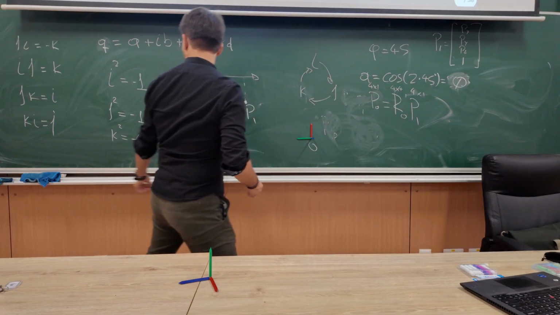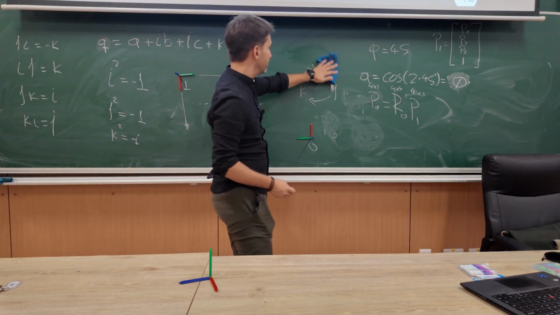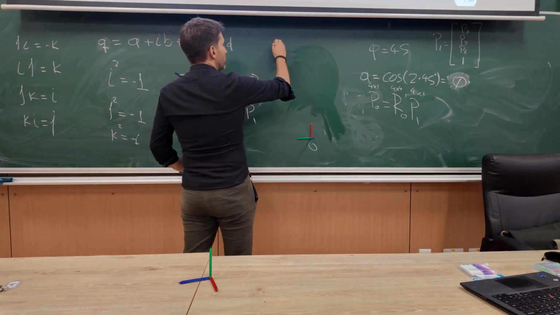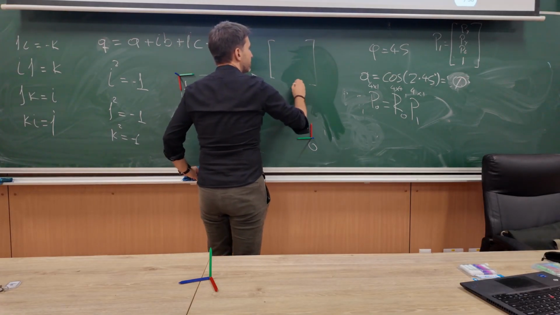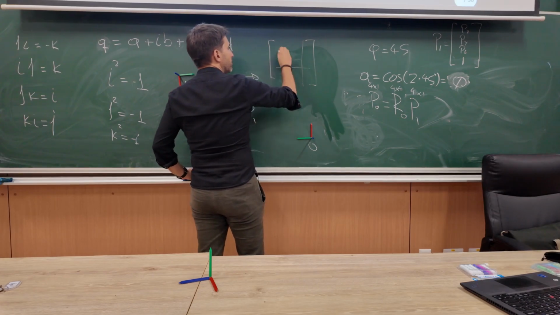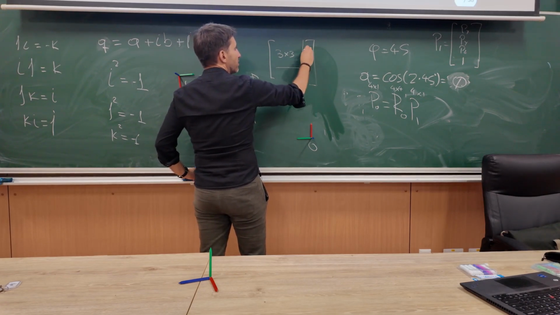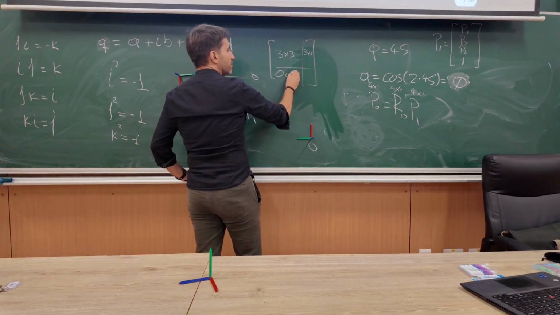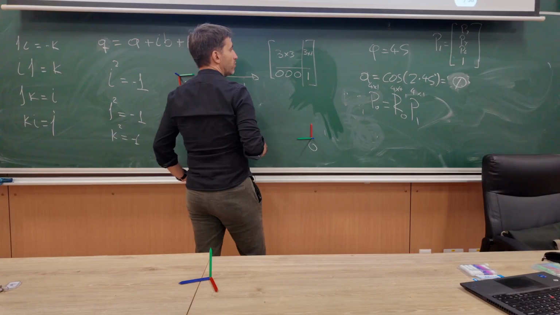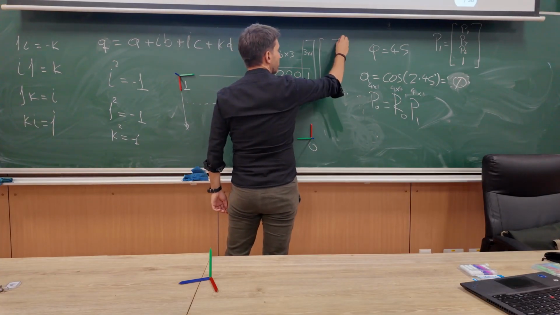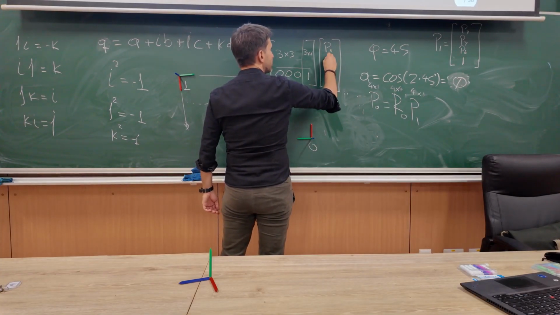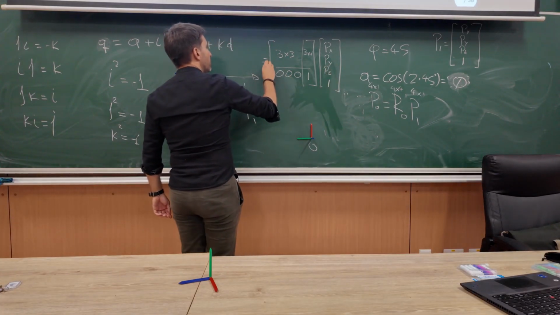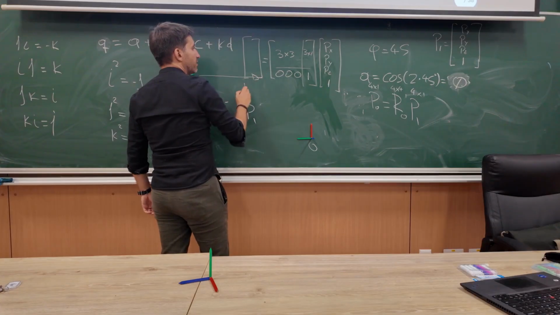And let me erase the quaternions because we don't need them now. We said that we have this 3 by 3 orientation, this 3 by 1 position, and here we had 0, 0, 0, 1, right? So if I multiply it with a point Px, Py, Pz, 1, what will be the result?